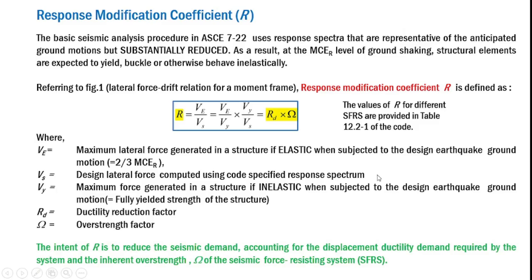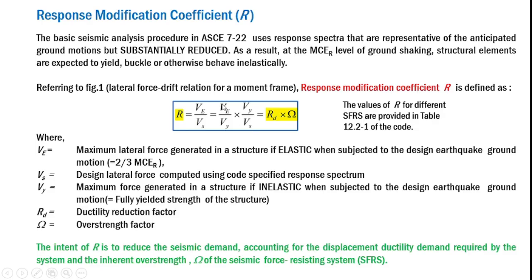Now we can write this expression R equal to VE by Vs as the product of two distinct terms. The first one is VE by Vy, and the second term is Vy by Vs.